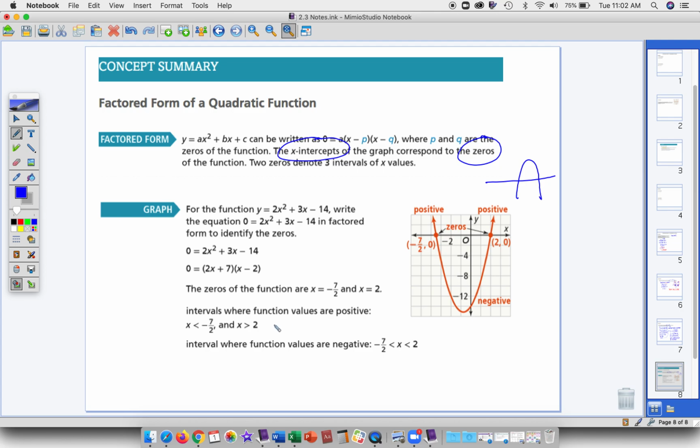Okay, we're not going to do inequality form, we're going to use intervals. So -∞ to -7 over 2, and from 2 to infinity. And where it's negative is in between, so that can be summed up with a single interval from -7 over 2 to 2.